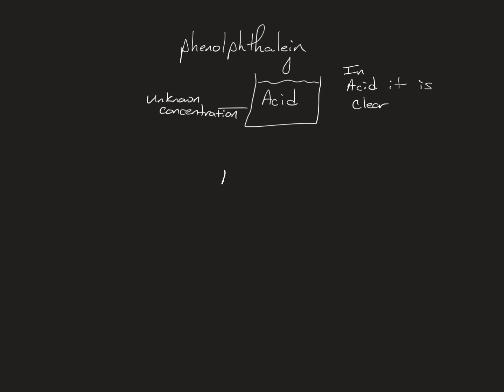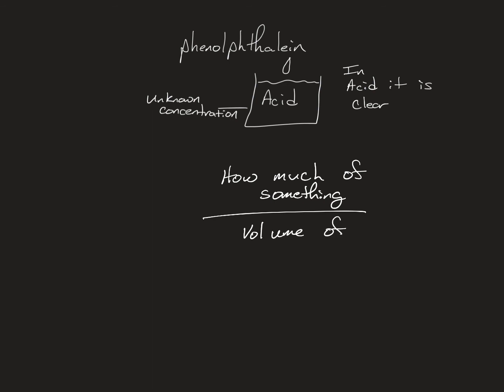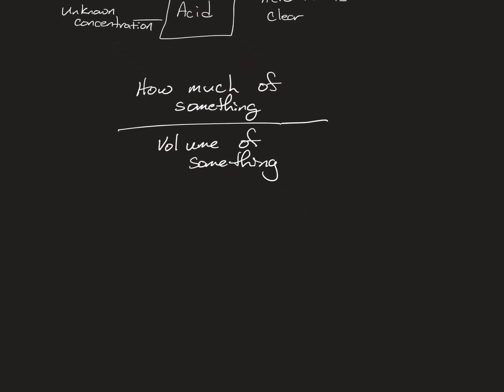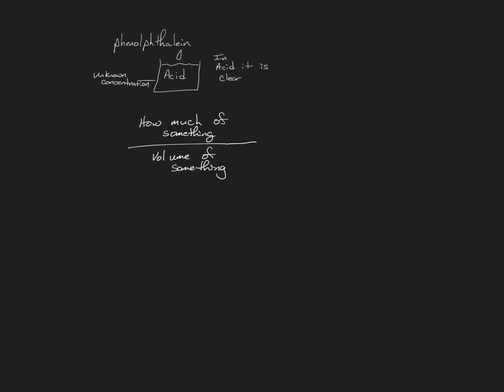How much of something is in a volume of something? That's what this dividing line means, right? The fraction. How much of a thing is in a volume of a thing? That's what concentration means.